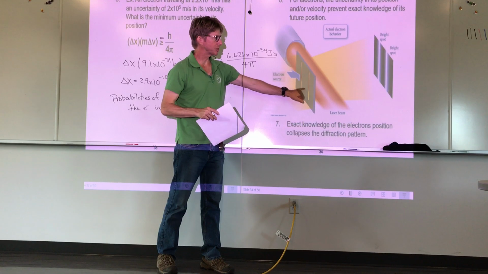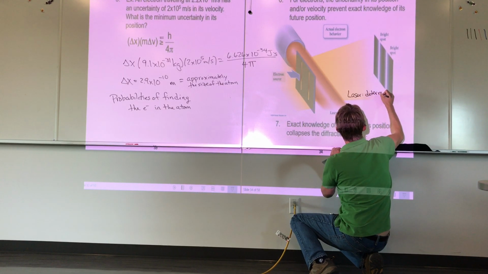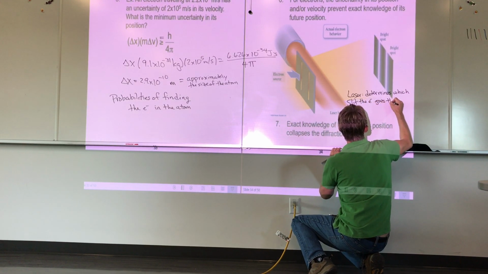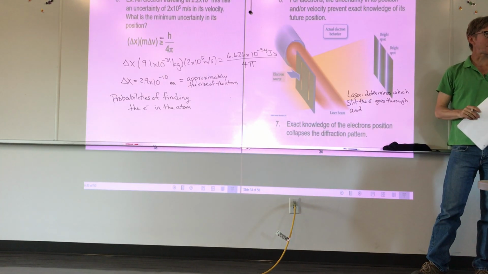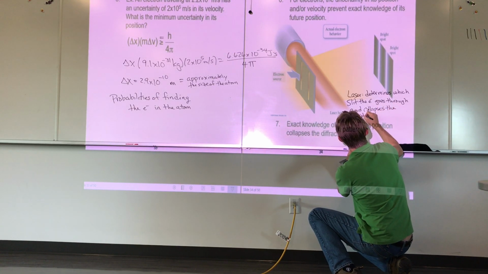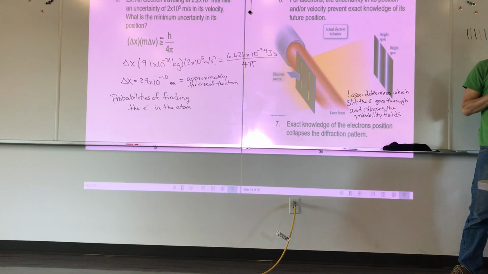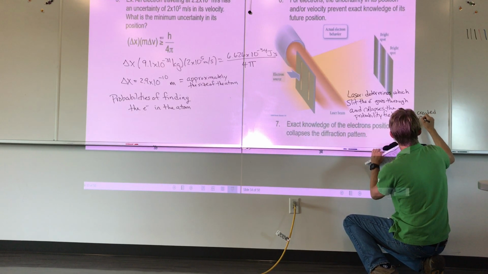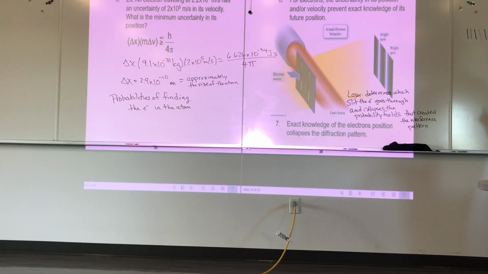So the laser determines which slit the electron goes through, and collapses the probability fields that created the interference pattern.